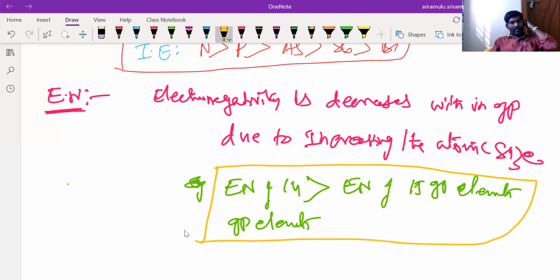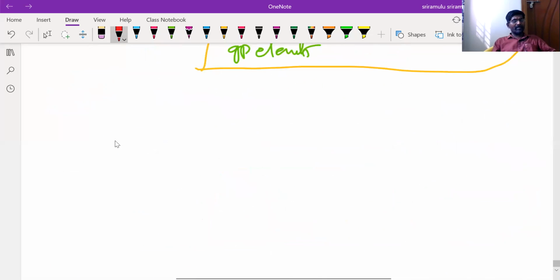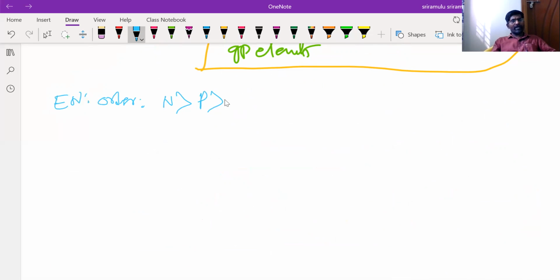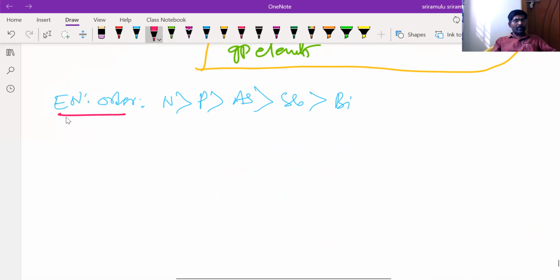It's clear, students. Now, writing the electronegativity order within the group: nitrogen has greater electronegativity than phosphorus, which has greater electronegativity than arsenic, which has greater electronegativity than antimony, which is greater than bismuth. Nitrogen has greater electronegativity than phosphorus.